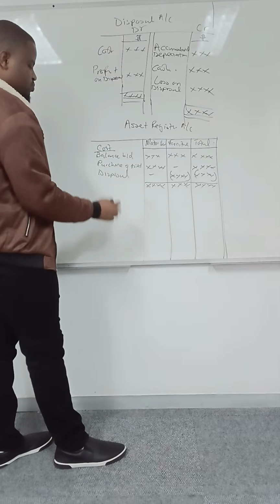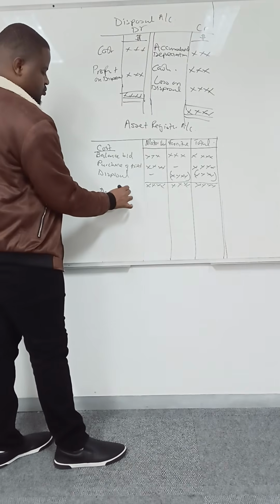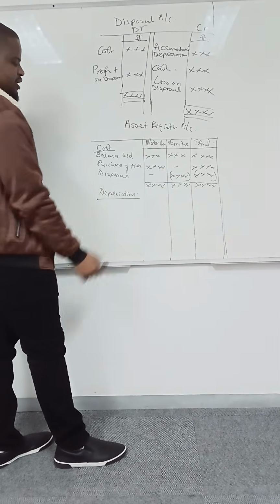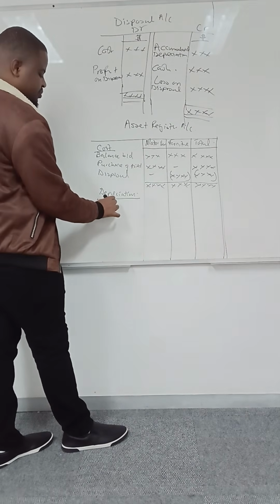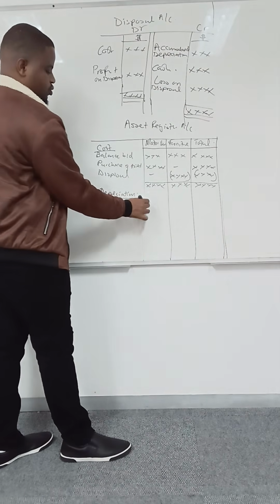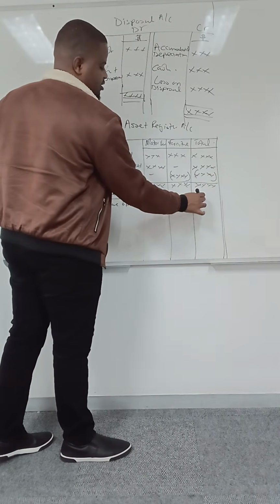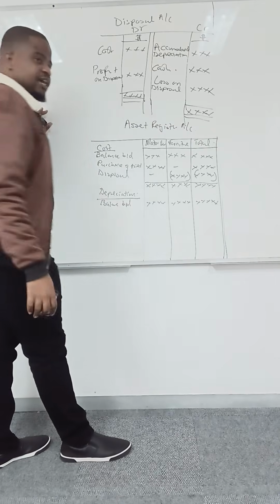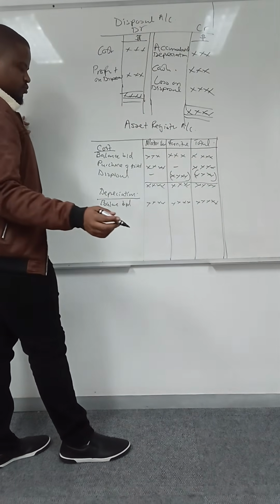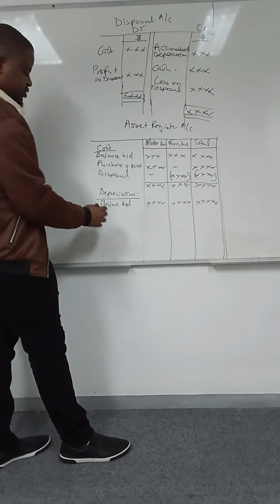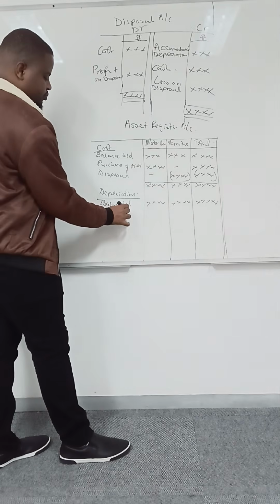Then after that, we move on to depreciation. Right? For depreciation, we also start with the balance BD. We put our balance BD, our balance BD, our balance BD, we add. Then after that, what are we going to do? We put the charge for the year. Charge for the year.